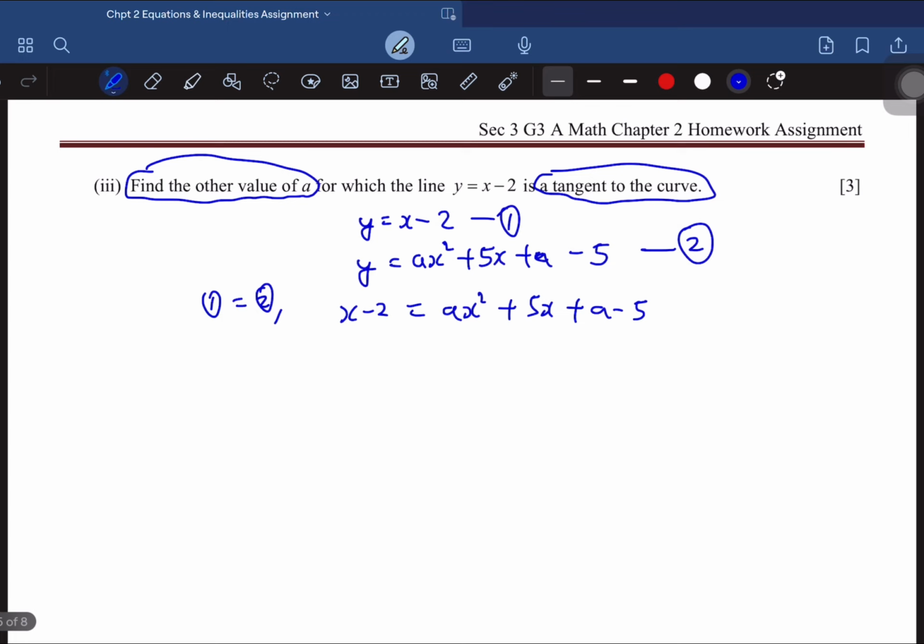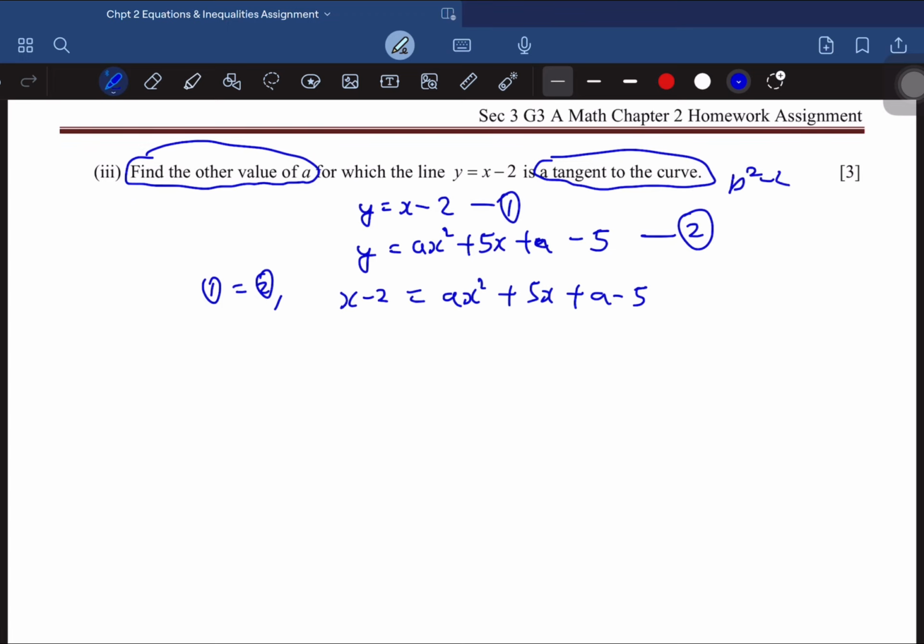Then this one will be using discriminant, which is b squared minus 4ac equals to 0, because we are finding or solving. So with this, I'll have 0 equals to ax squared plus 5x minus x will be 4x plus a minus 5 plus 2, negative 5 plus 2 is negative 3.